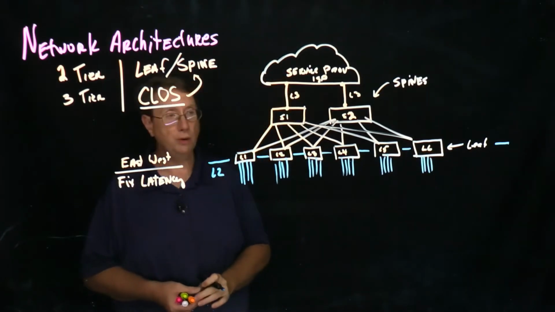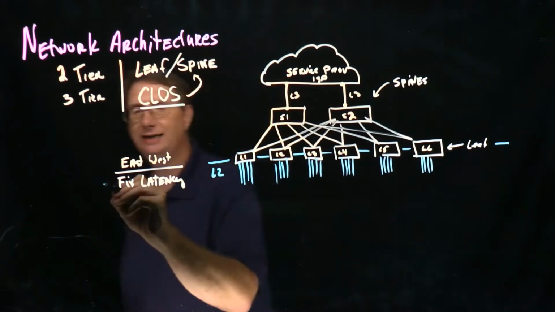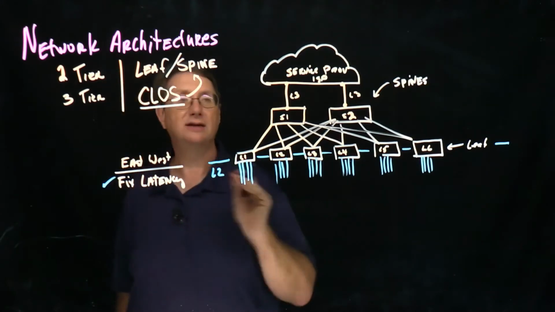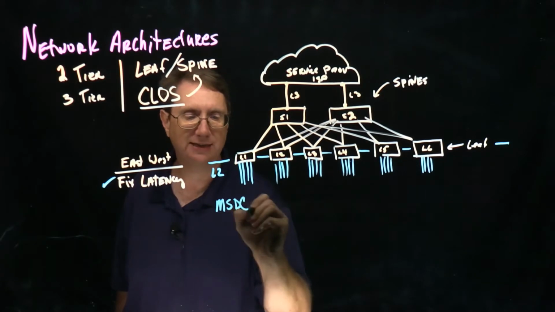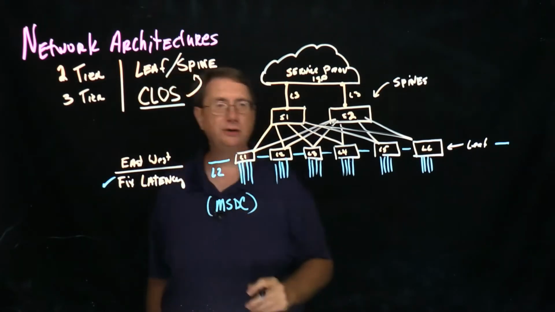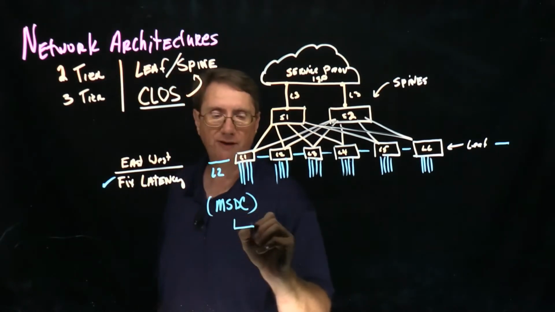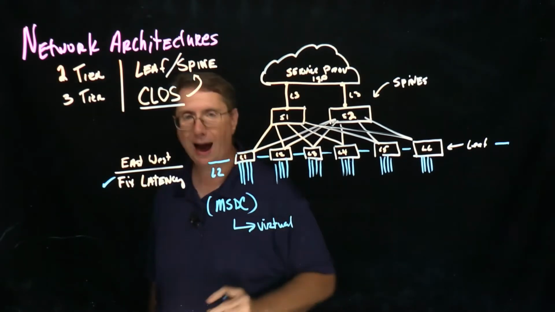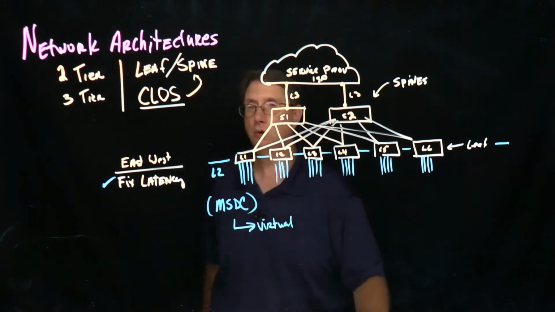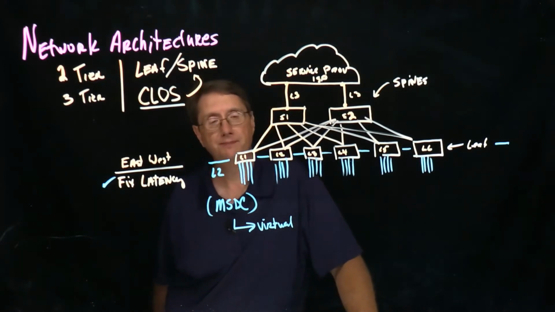So the goal here is that I want to have this idea of fixed latency, and since this is what we also refer to as a massively scalable data center design, I want to be able to support a lot of traffic coming from virtual devices, virtual routers, virtual switches, virtual hosts, virtual servers.